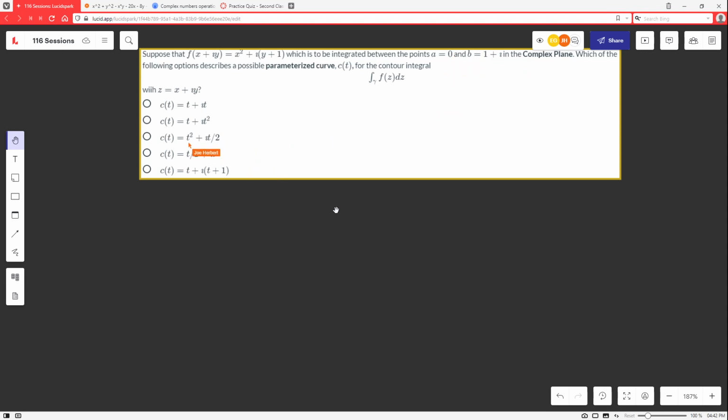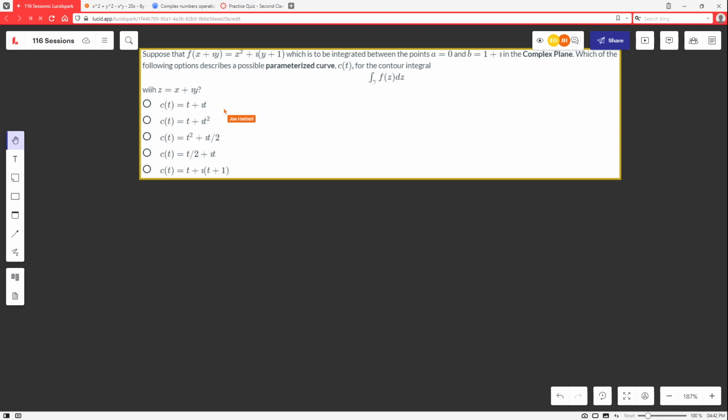So we can plug in 0, then 1, where t is the parameter.